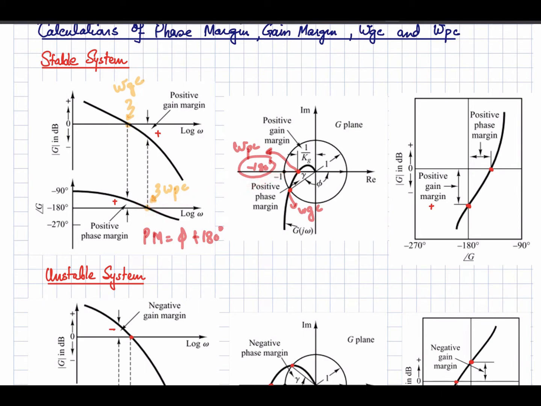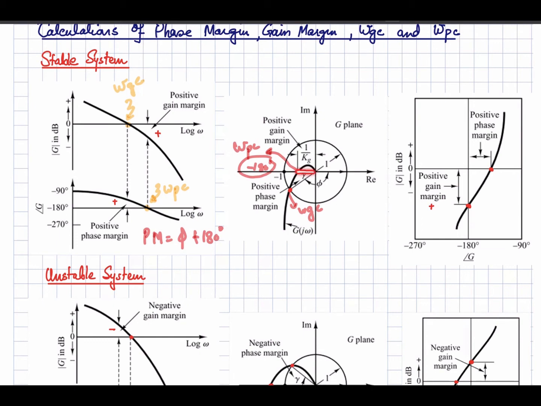So if your phase crossover frequency, that is this one, when your polar plot intersects this negative real axis line, and if this intersection is within the unit circle, then it means your gain margin is positive. How do you calculate the gain margin from the polar plot?